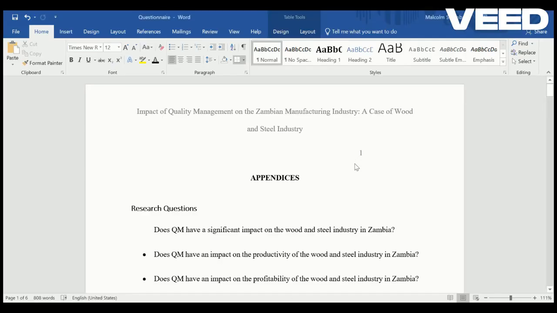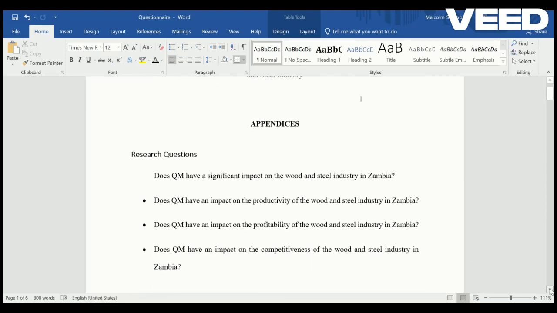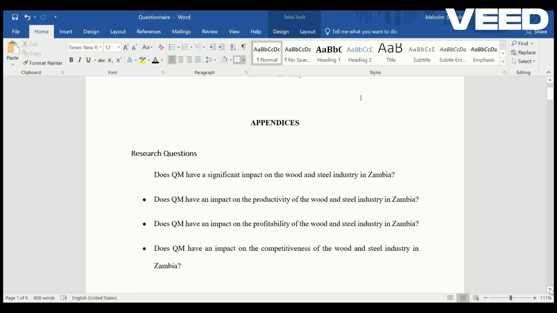So I have here a questionnaire which I used in one of my research, but please note that I've included the research questions. This is just for illustration purpose. Otherwise, the research questions are not supposed to appear in your research questionnaire. This is just to help you understand the structure of the research questionnaire.